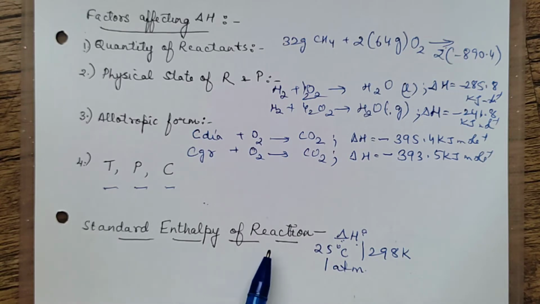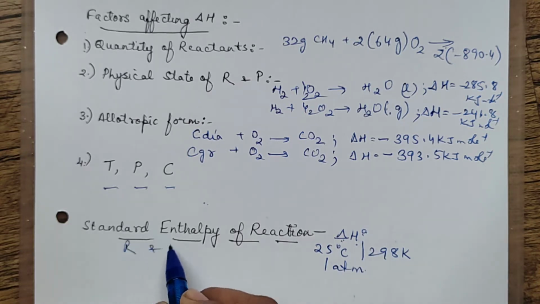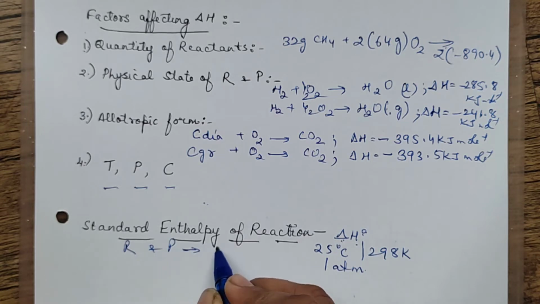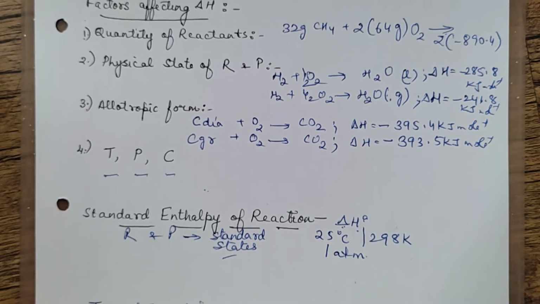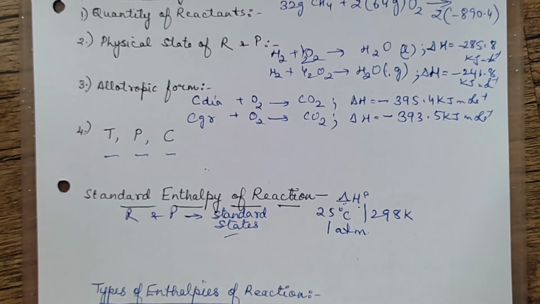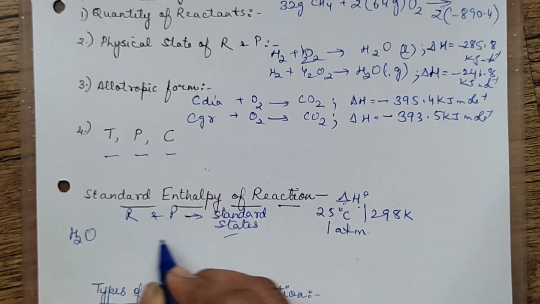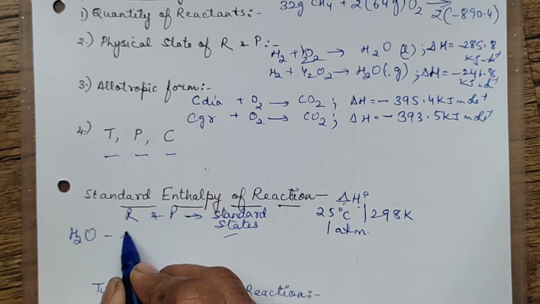The standard enthalpy of the reaction is defined as the enthalpy change that is taking place when all reactants and products are in their standard states. Standard states means the state at 25 degrees Celsius and 1 atmosphere pressure. For example, water, the standard state under this condition is liquid.